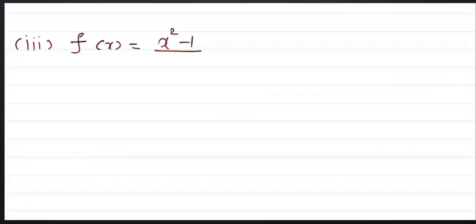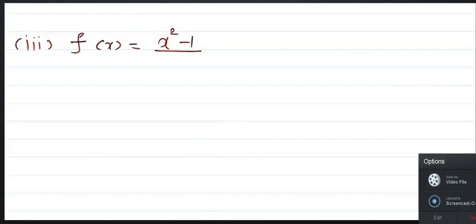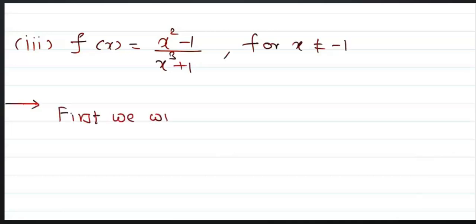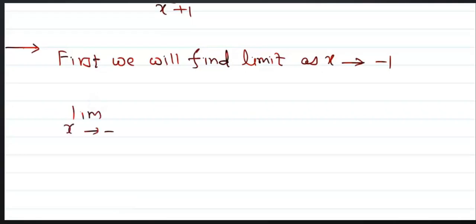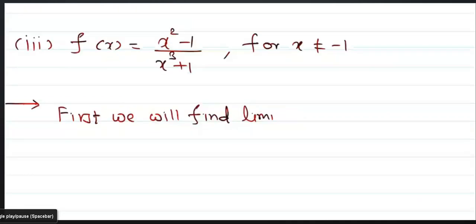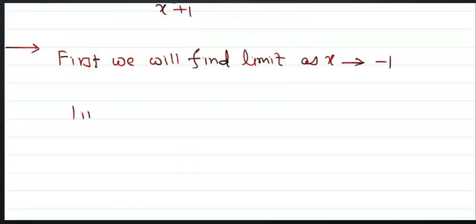Now next, third one. That is f of x is equals to x square minus 1 upon x cube plus 1 for x is not equals to minus 1. That is, first we will find the limit as x tends to minus 1.